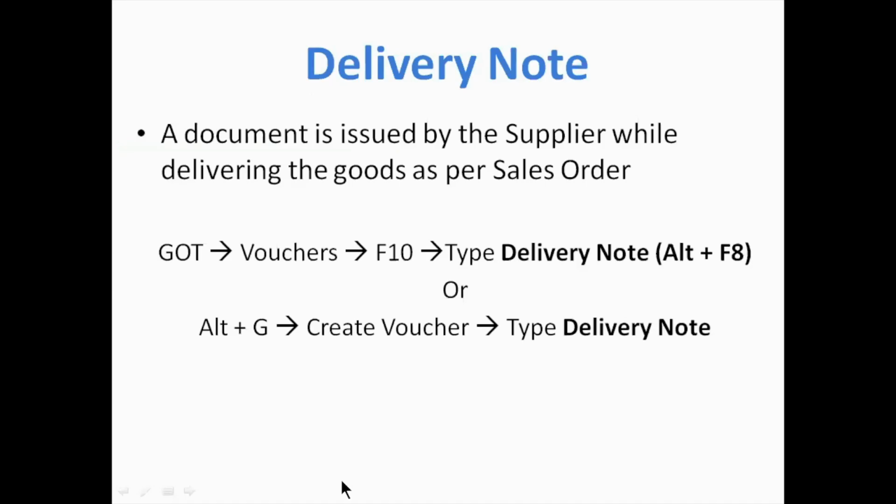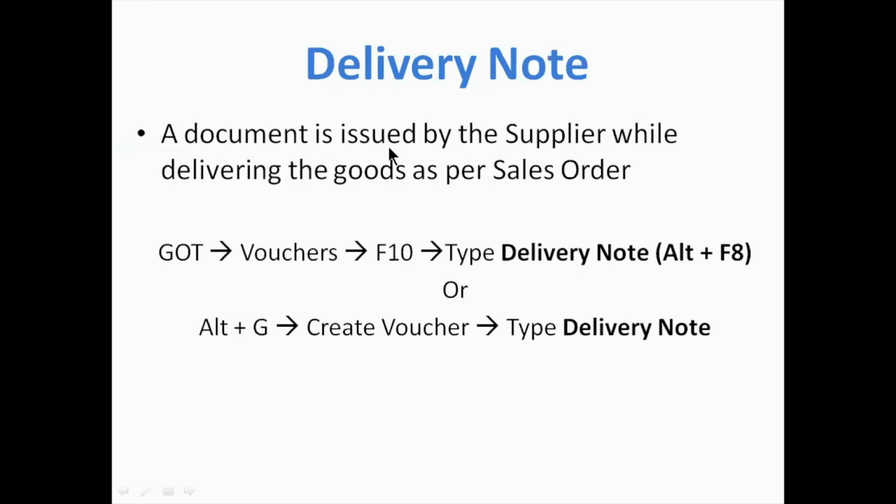Now, as we have received the order, we will deliver the goods. The goods get delivered along with a document known as a delivery note. It is a challan that we give to the customer. It is a document issued by us, that is the supplier, while delivering the goods as per the sales order.